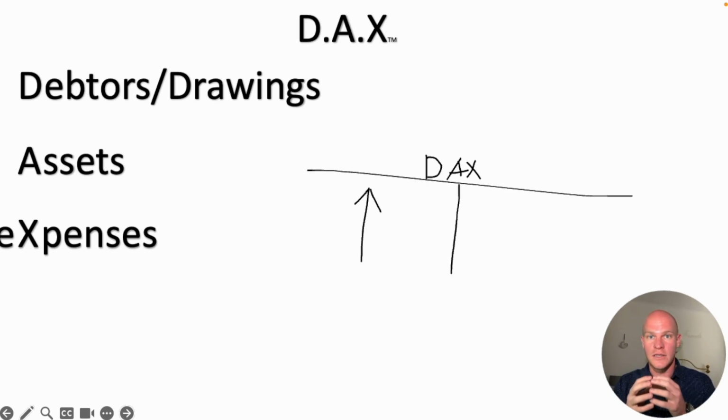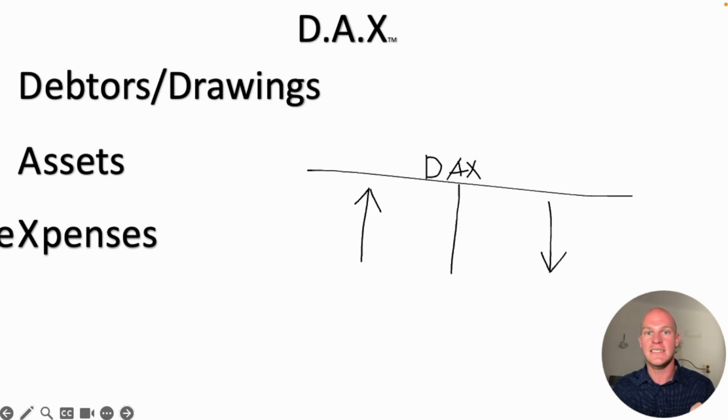So in a DAX account, when you want the value of that account to go up, you put the amount on the left-hand side. If you want the amount of DAX to go down in value, you put it on the right-hand side, otherwise known as the credit side.